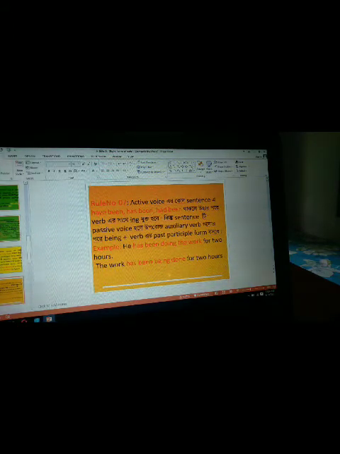In case of active voice, if there is have been, has been, had been as an auxiliary verb, it indicates that the sentence is in perfect continuous form. And according to the structure of tense, we will have to add ing with the main form of the verb in such type of sentences.